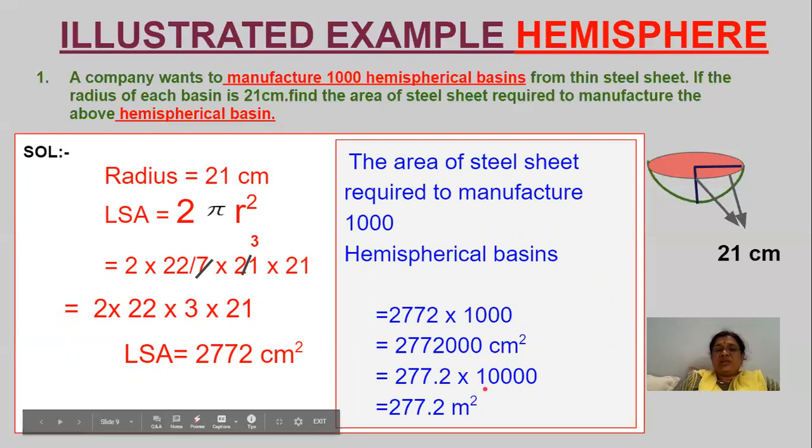When you take the 10,000 outside, the answer will be 277.2 into 10,000. You know 100 centimeters is equal to 1 meter, so in place of 10,000 you can write meter square. So this is the answer for this problem. Like that you have to do.